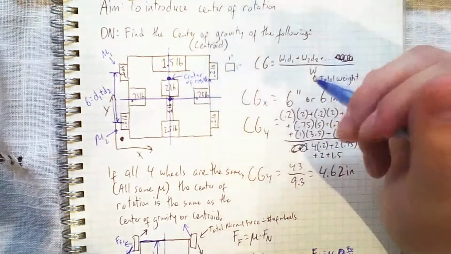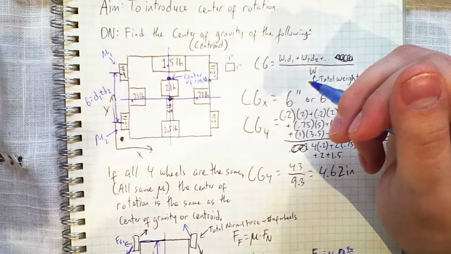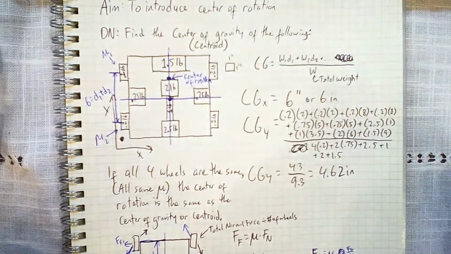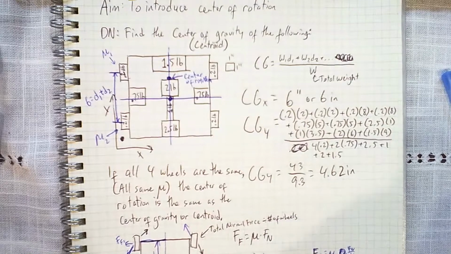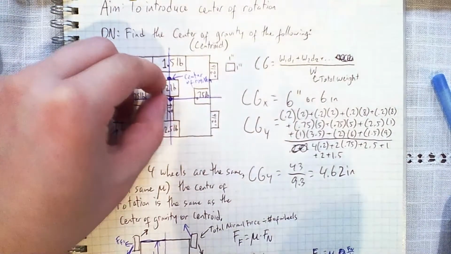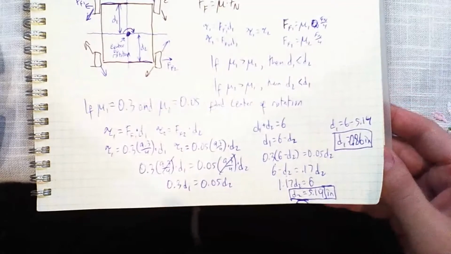You want to keep these two close together because that's going to really impact how much power your motors take when you turn. Okay, but that's not really important for today. Today we're just solving for this center of rotation and the center of gravity. But in general, you want these two points really close together. All right. So here's the math one more time, so you can pause it here and review it.